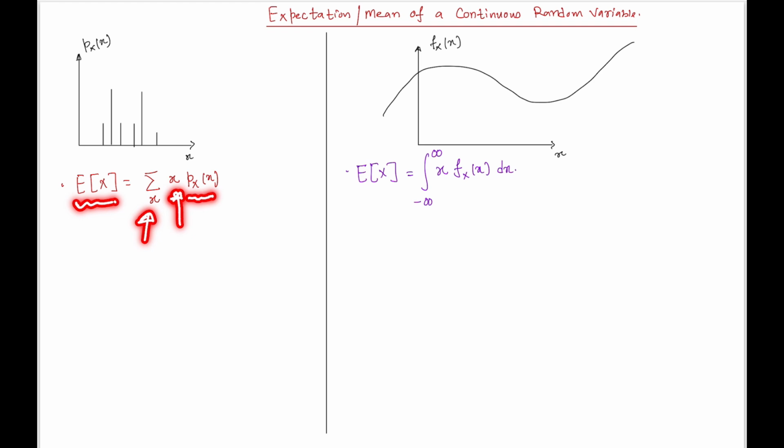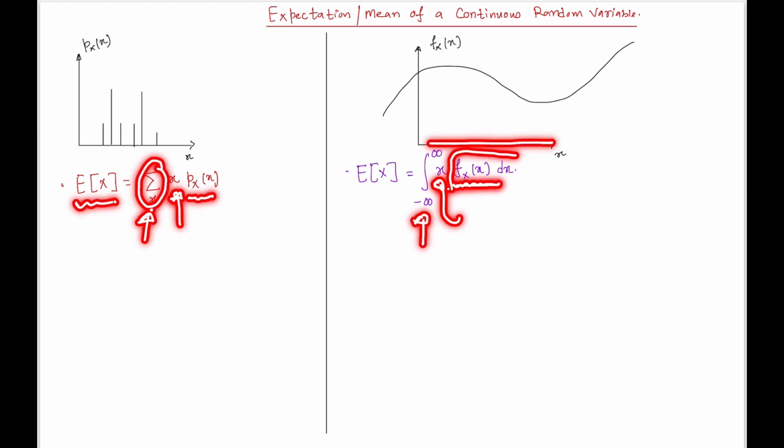The idea will remain the same. Here now the summation will get replaced by this integral. What we are doing is taking each and every possible value and weighting it with the corresponding probabilities, right?